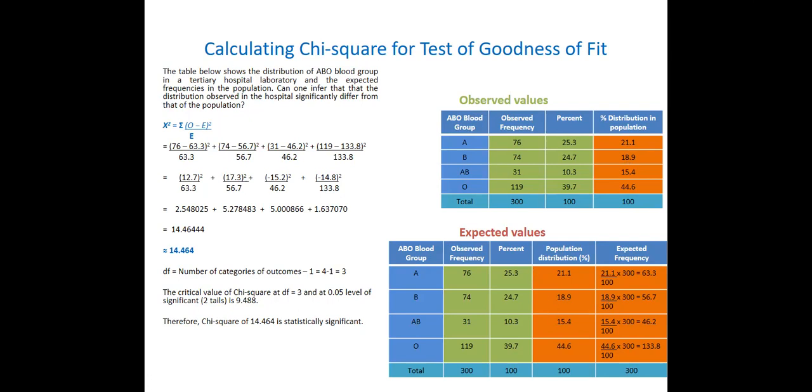Excuse me. Where you now put 21.1% over 100, that's the percent, times 300, because your sample size there is 300.